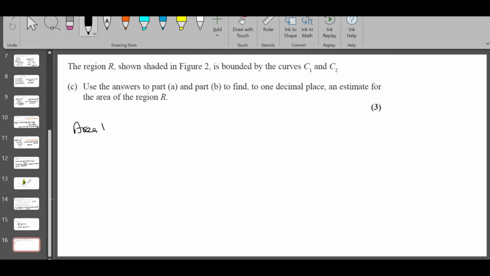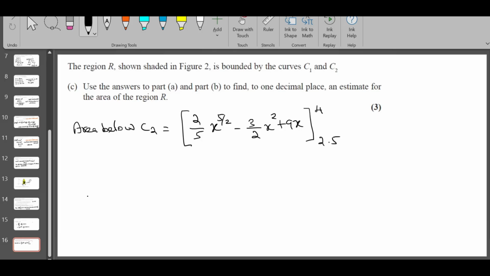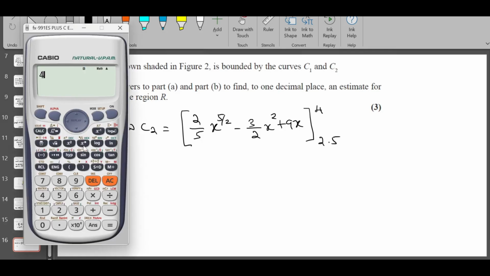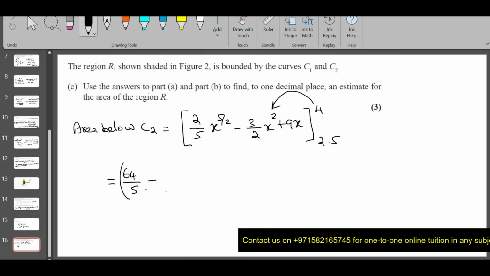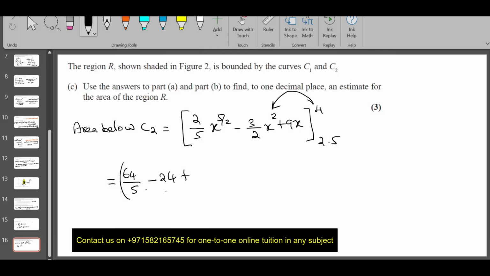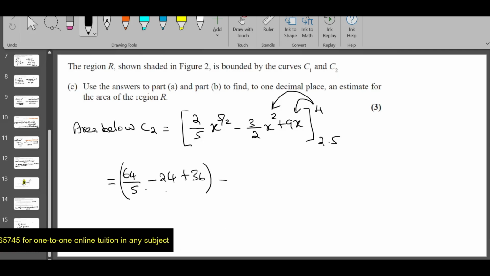You can write area below the curve C2 is equal to, take the integral from the previous part, 2 over 5 x to the power 5 over 2 minus 3 over 2 x squared plus 9x, don't put plus c, sub in the limits 2.5 to 4. 4 to the power 5 over 2 is 32 times 2 over 5, 64 over 5 when I sub in the upper limit, minus, 4 squared is 16 divided by 2 is 8, 3 eights are 24, plus 9 fours are 36.